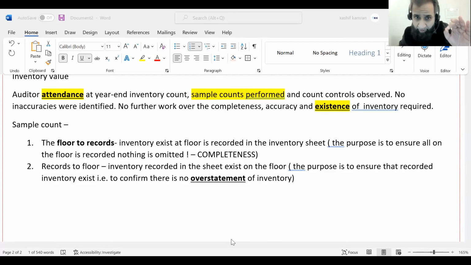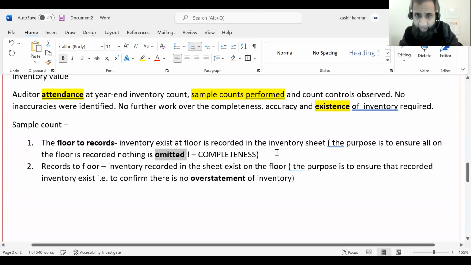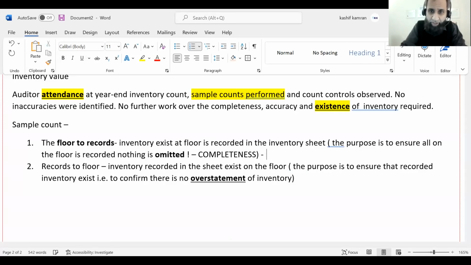Agree, all of you? Record to floor is about overstatement. But if something is on the floor but not recorded, that omission is completeness. Omission is understatement.